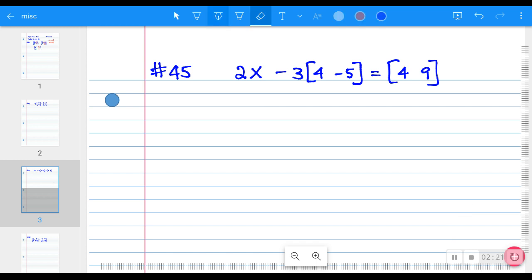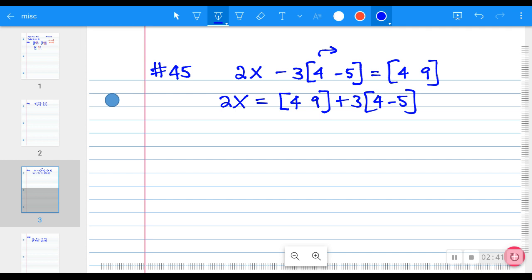So we're first of all going to take this stuff over to the other side. Don't forget to change the sign when you take it over. And then we're going to take care of the multiplication before the addition. So that'll come next here. 4, 9.